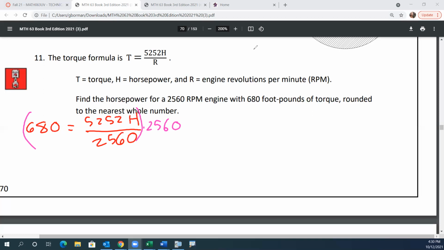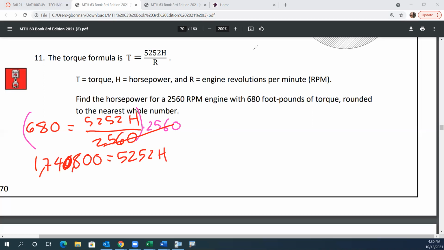And so on the left side of the equation, I get 680 multiplied by 2560, which is 1,740,800. Okay.